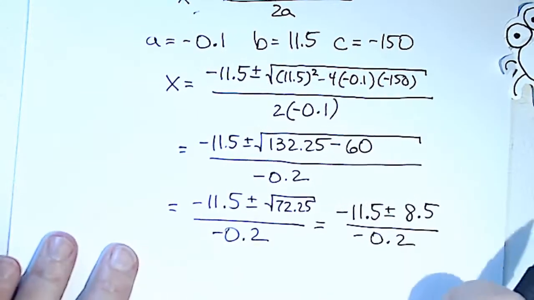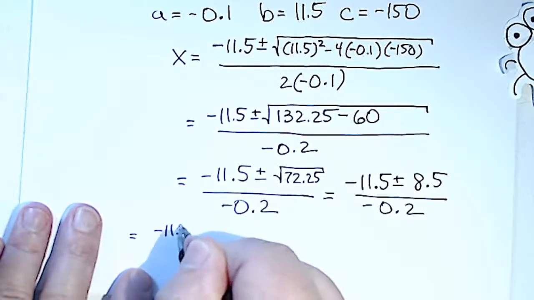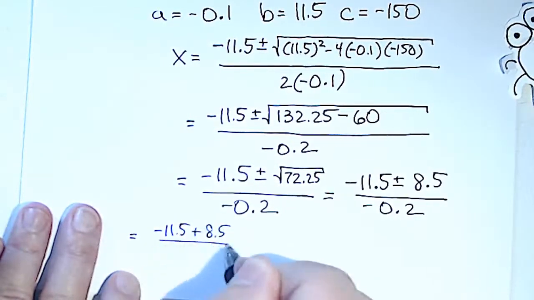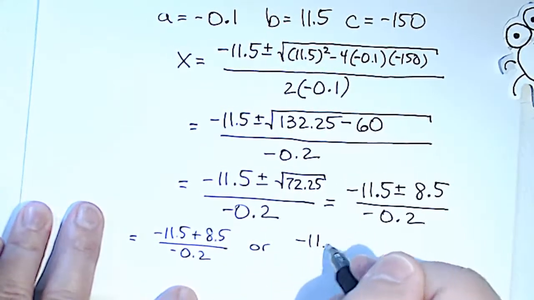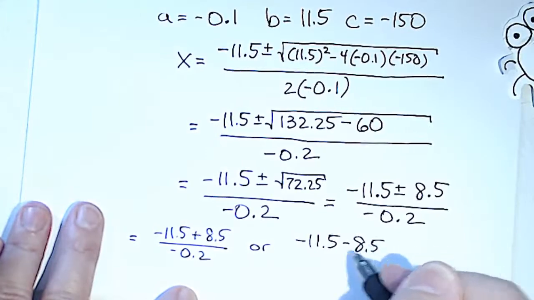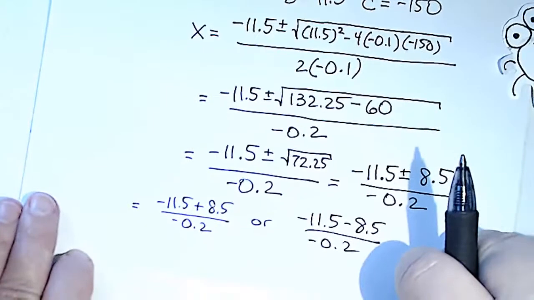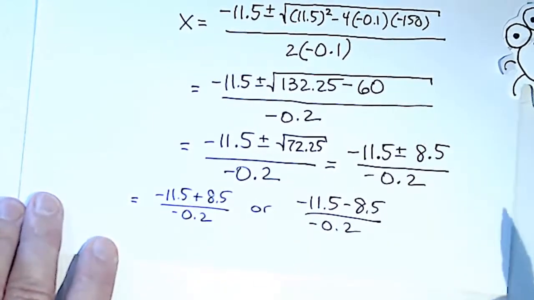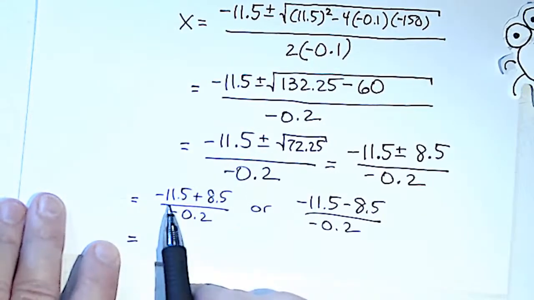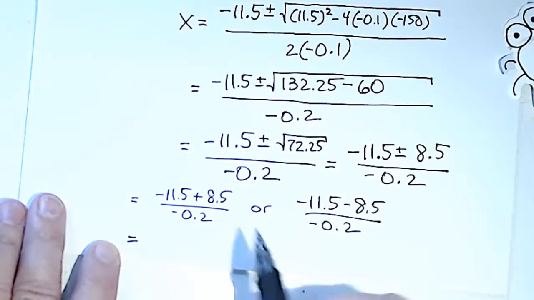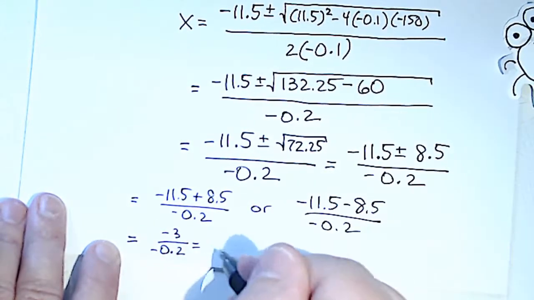But in fact, it turns out this works out really beautifully because what we get is negative 11.5 plus 8.5 all over negative 0.2, or 11.5 minus 8.5 all over negative 0.2. And rather than doing this on a calculator, although I could easily, I'm going to do this just in general. Negative 11.5 plus 8.5 on a calculator or in your head will be negative 3 all over negative 0.2, which gives me 15.